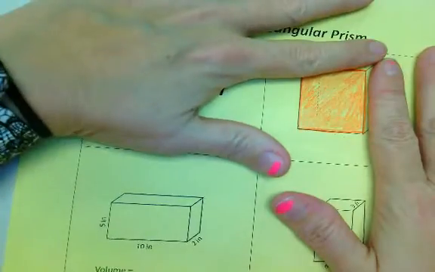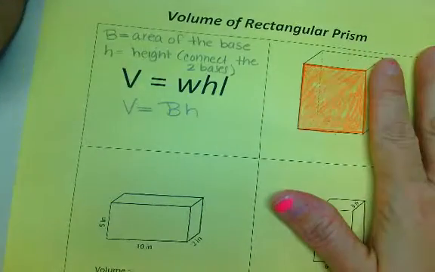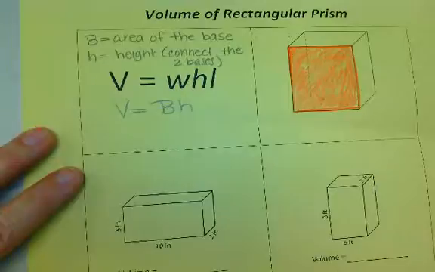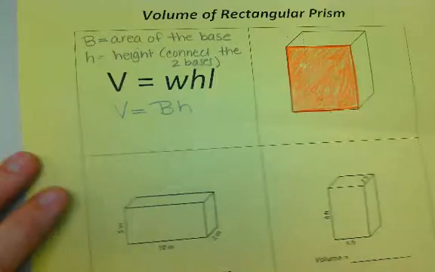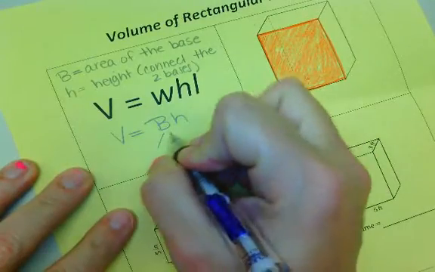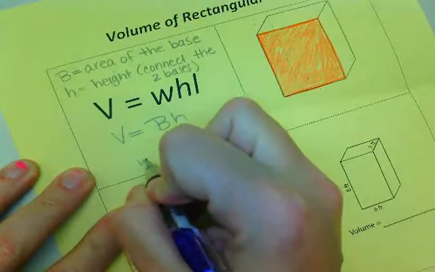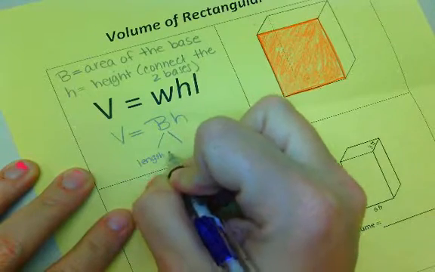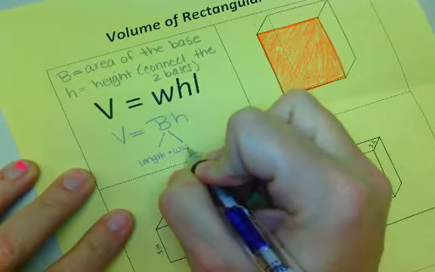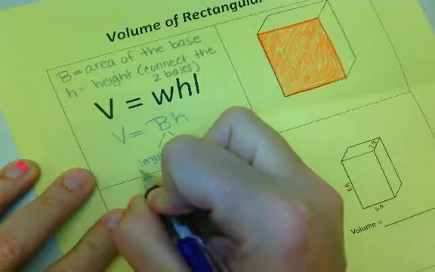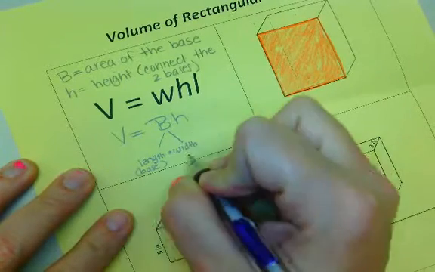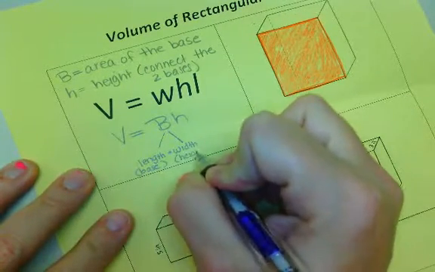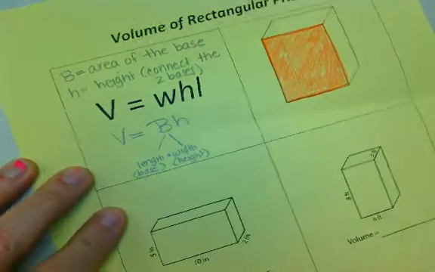Well, what's an area of a rectangle? Well, that's base times height, or length times width, as you know it. So this would be length times width, or base times height. Okay?